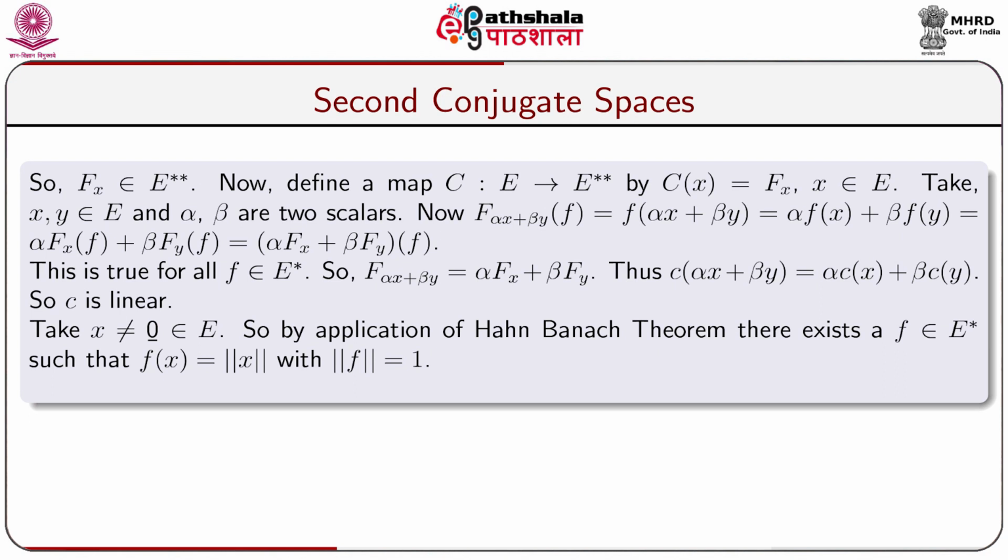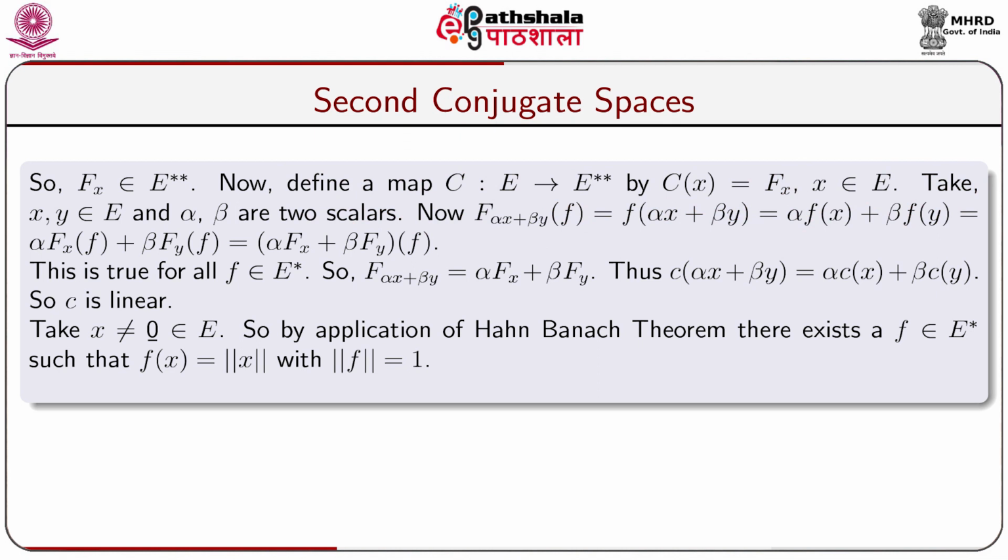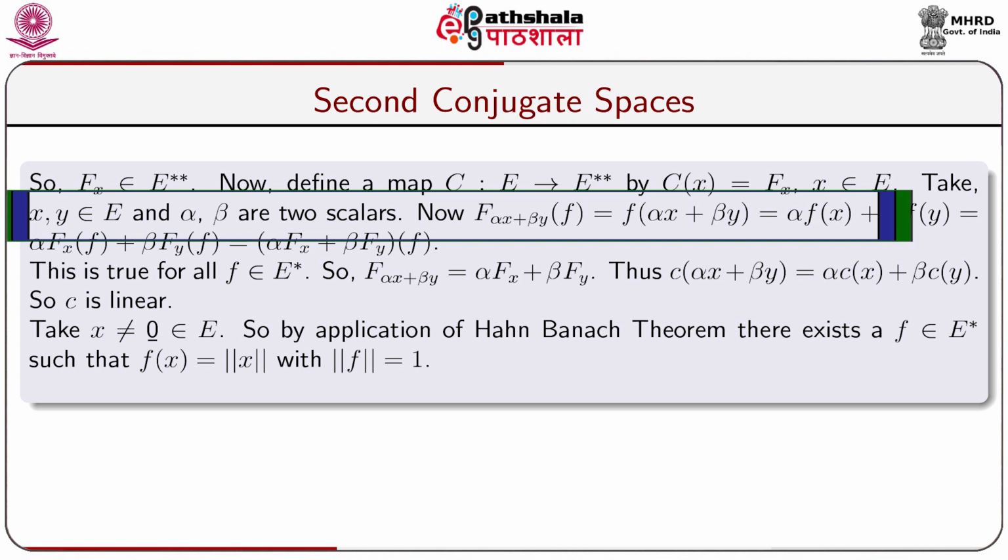Now, define a map C from E to E double star by C(x) equal to F_x, where x belongs to E. Take x, y belonging to E and alpha, beta any two scalars.